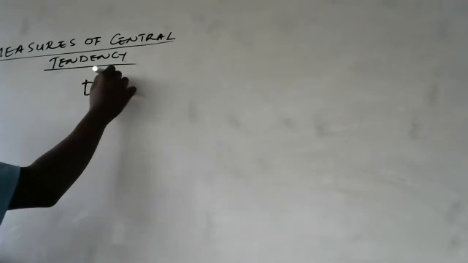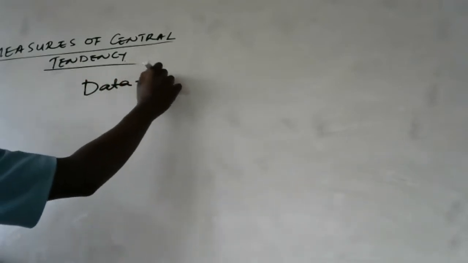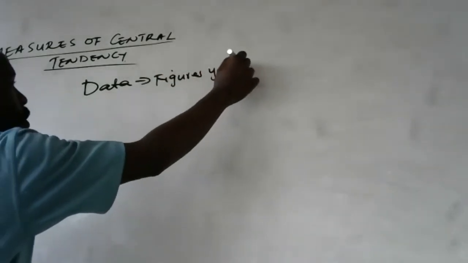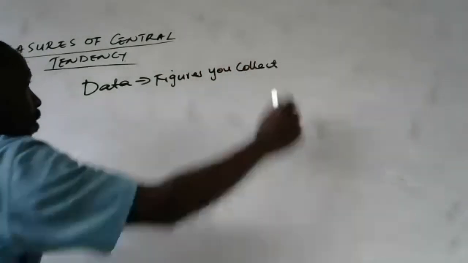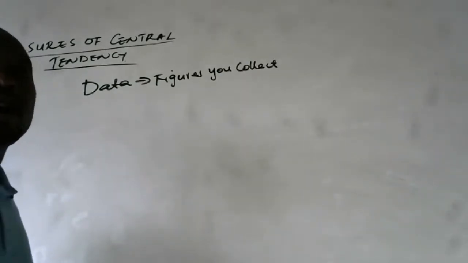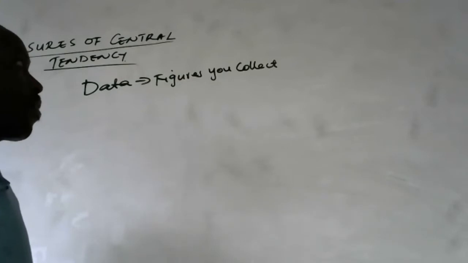So I will start our discussion now on this particular basis. When we talk about data, these are the figures you collect in your research or in your fact finding.